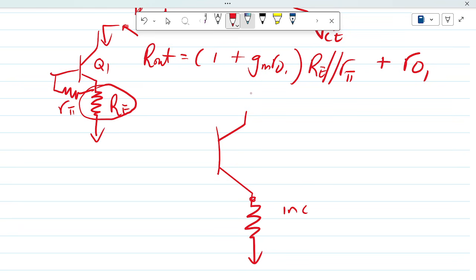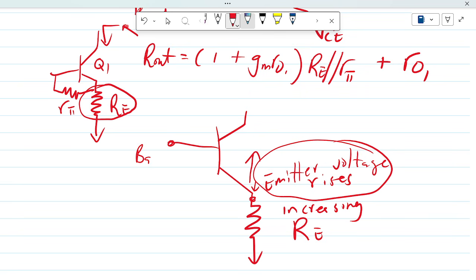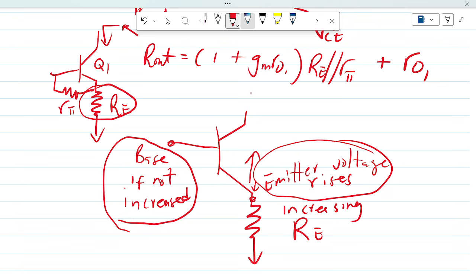Now, increasing the value of RE means that the emitter voltage rises, and once the emitter voltage rises, then the base voltage, if not increased, means the device cannot be in the forward active mode, because the base emitter voltage should be at least something around 0.5 more than the emitter voltage.